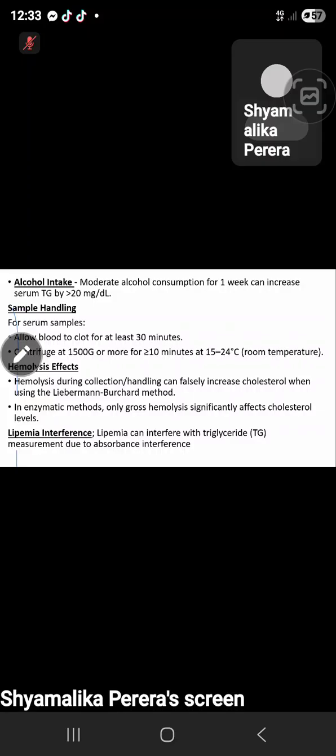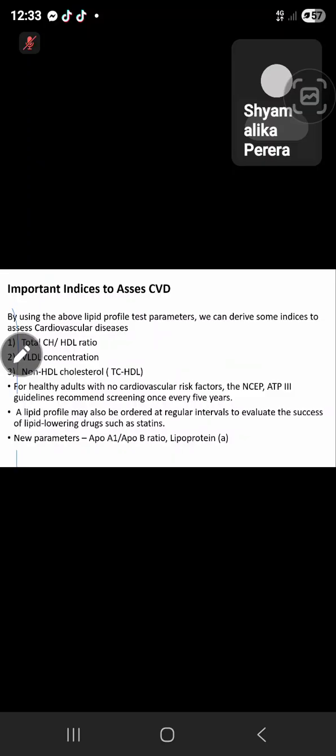So other than these 4 parameters, cholesterol, triglyceride, LDL and HDL in the lipid profile, there are some parameters derived from basic measurements, like total cholesterol to HDL ratio, VLDL concentration, and non-HDL concentration. So these indices are helpful to assess cardiovascular risk.